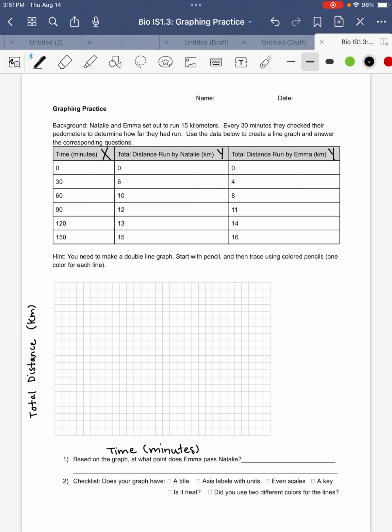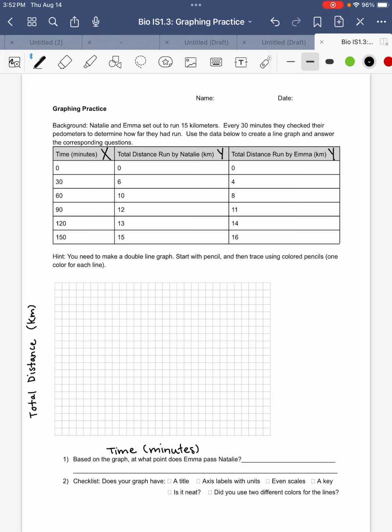And then to make our title, what we're going to do is a pretty simple format. It's just whatever your y-axis label is over your x-axis label.